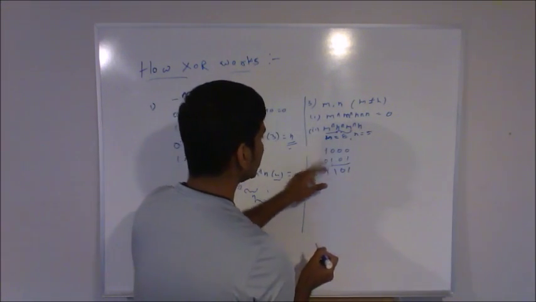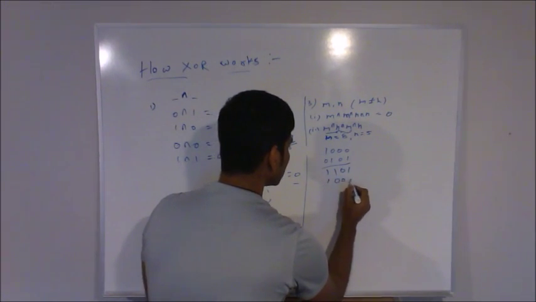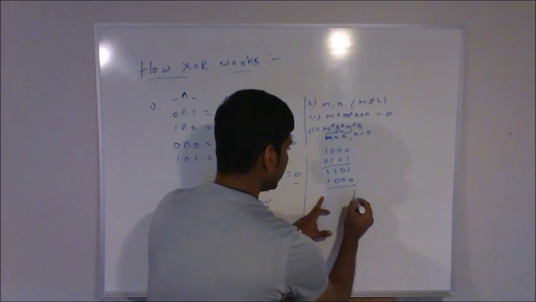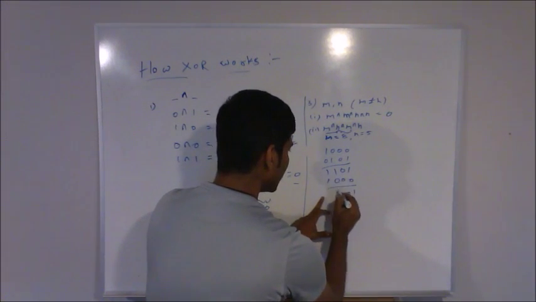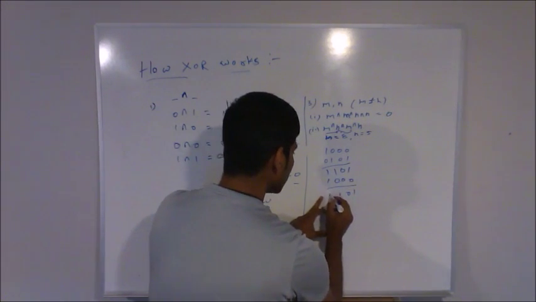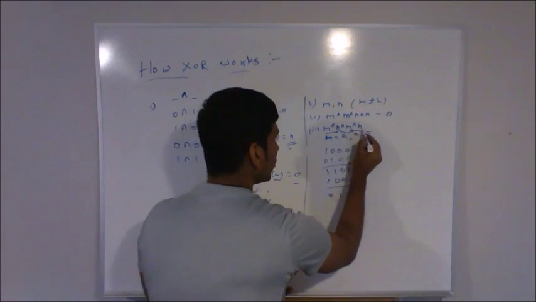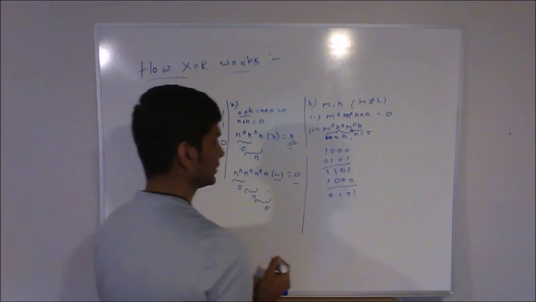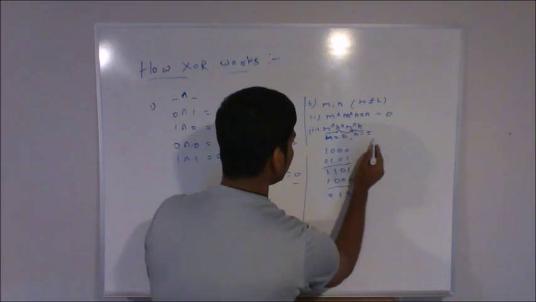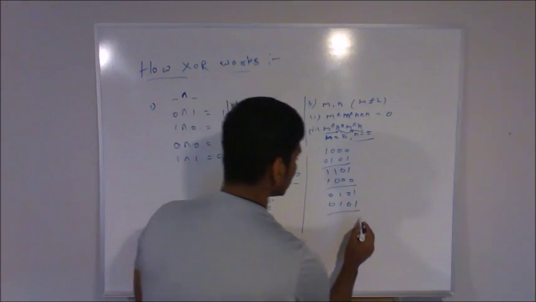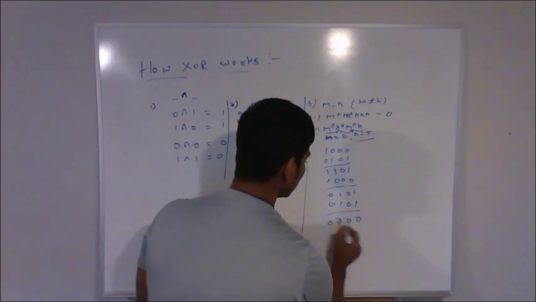What is m? It is 8, 1 0 0 0. Let's do this operation: 1 XOR 0 is 1, 0 XOR 0 is 0, 1 XOR 0 is 1, 1 XOR 1 is 0. Now we can do XOR one more time and check. n is nothing but 5, 0 1 0 1. So we get 0 0 0 0.